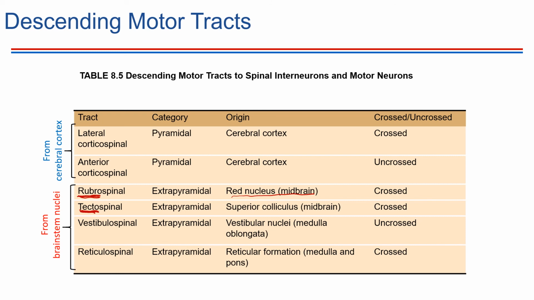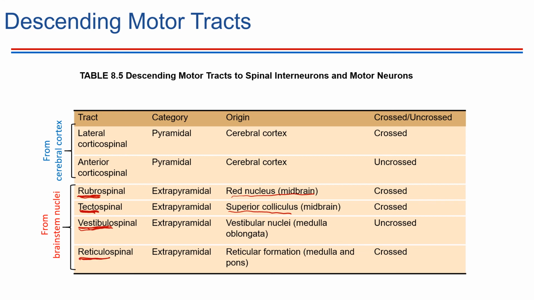Well, in this case, it's referring to the superior colliculus because that goes to your eye muscles, so it's going to be responsible for eye reflexes. Vestibulo is coming from your vestibular nuclei, and those are going to have to do with balance.